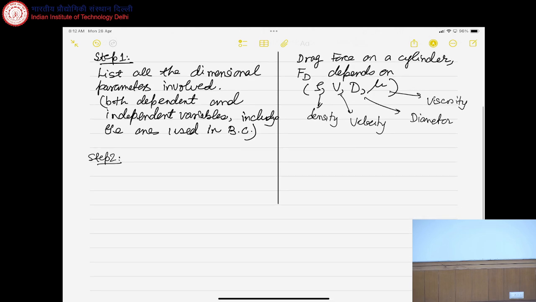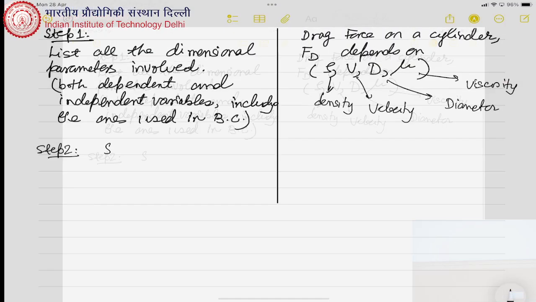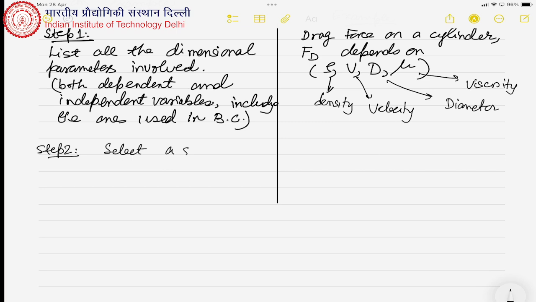Step 2 here is we select a set of fundamental or primary dimensions.